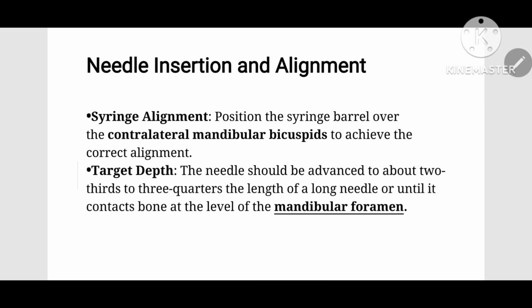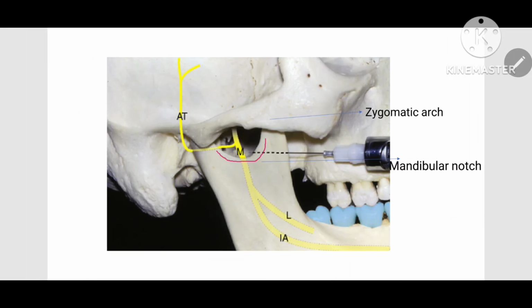Now coming to the needle insertion and alignment. I will go back to the previous slide and tell you.